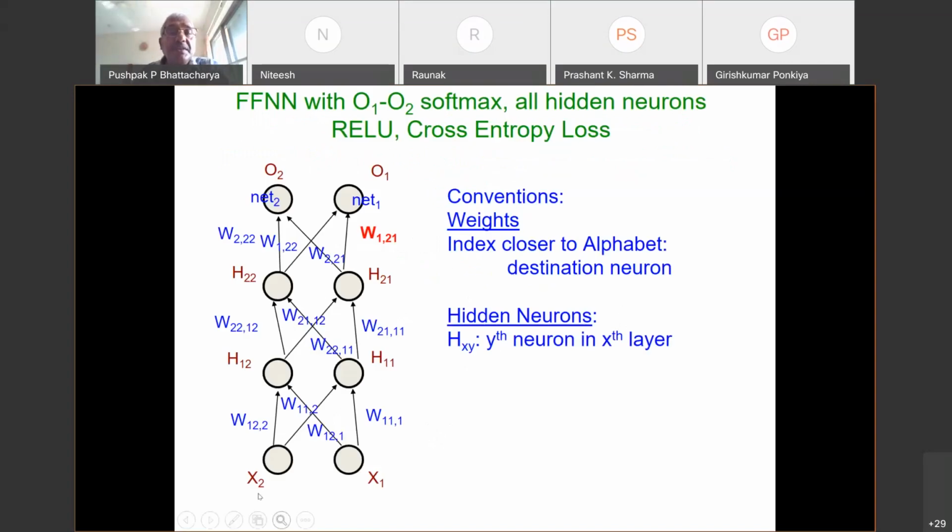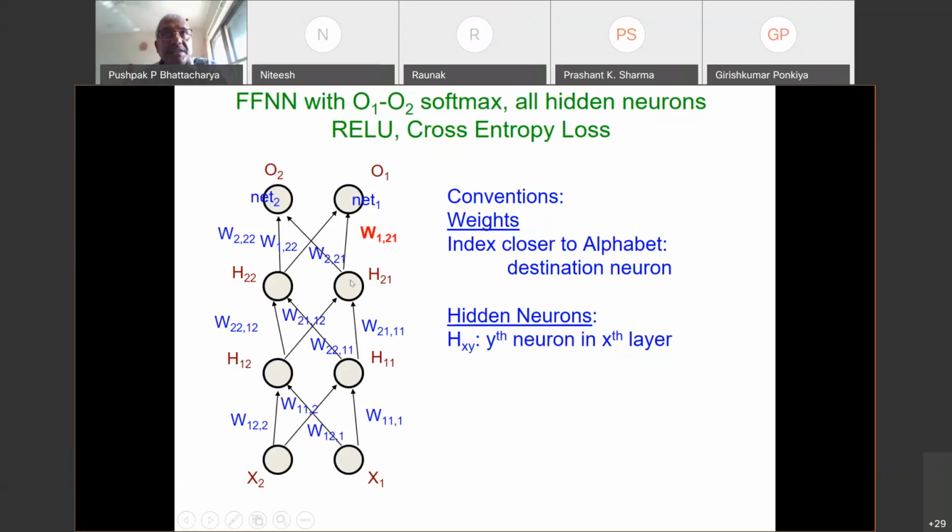So I'm illustrating this with a neural network which has two hidden layers, one output layer and one input layer. Everywhere the number of neurons is 2. This gives me a method of discussing the process of changing the weights without getting cluttered by lots of notation and many neurons in the network.